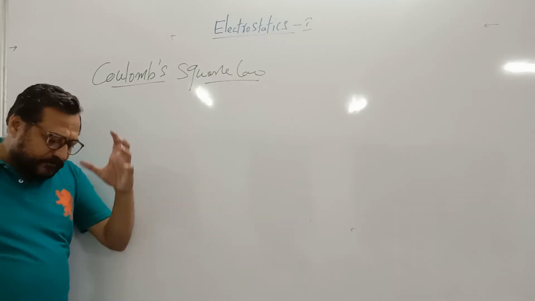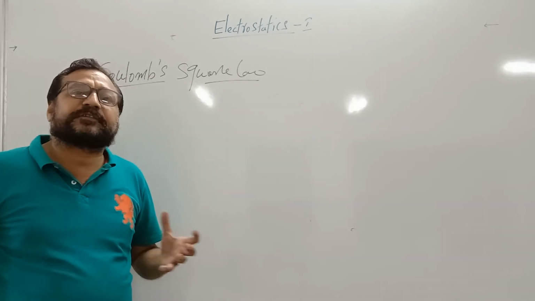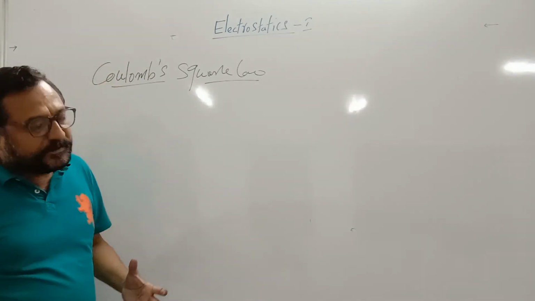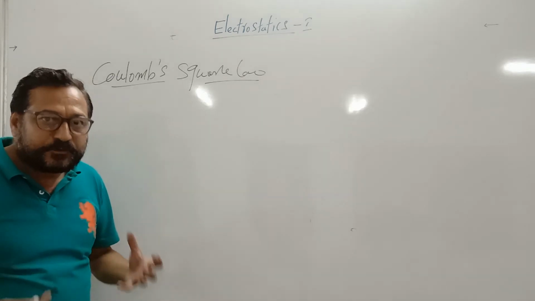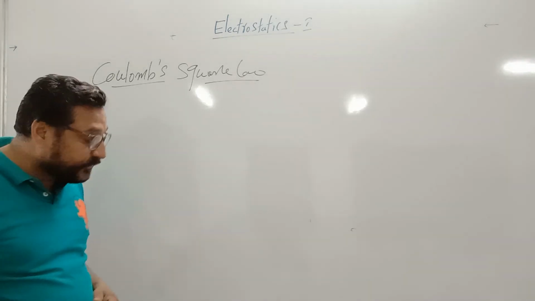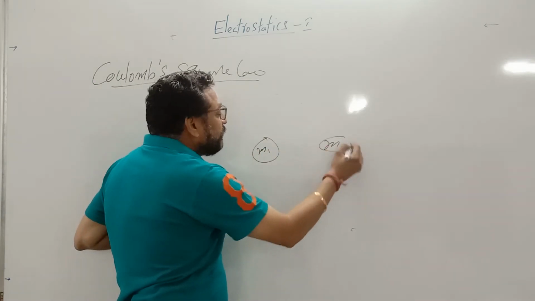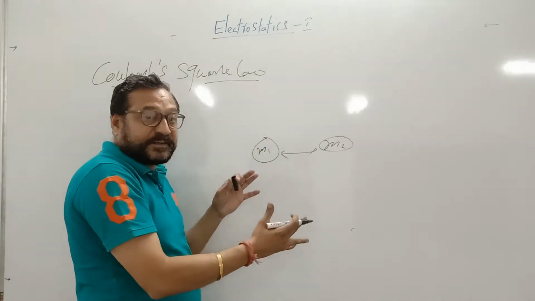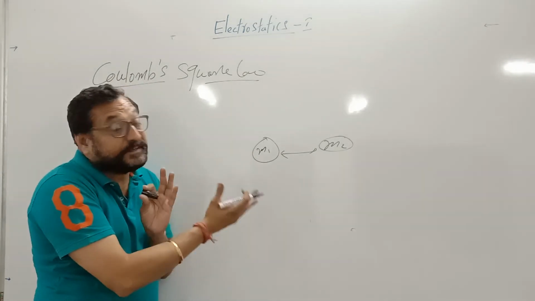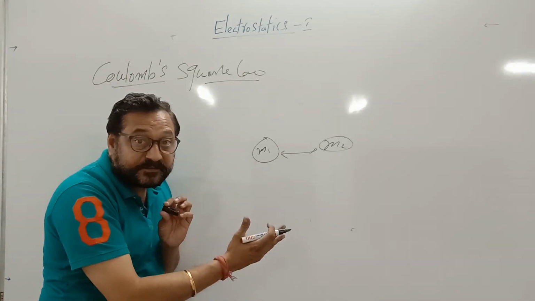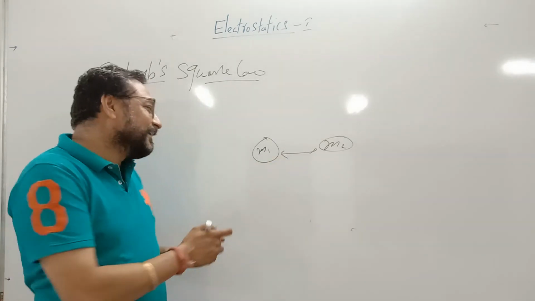In gravitation, we know the universal law of gravitation. The universal law of gravitation acts between two different masses, and there is an m1 mass and m2 mass separated at a certain distance. Then the force of attraction acts between these two masses.